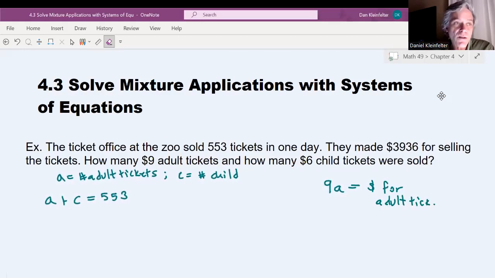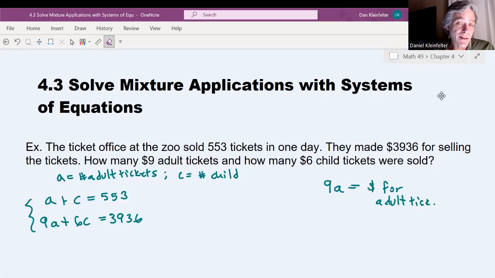For example, if they sold 10 tickets, it would be $90, right? 9 times 10 is 90. So for the adult money, it's 9A. And then the child tickets are $6, so that'll be 6C. And then that will make 3,936. Okay, so our first equation is about tickets. Our second equation is about money.